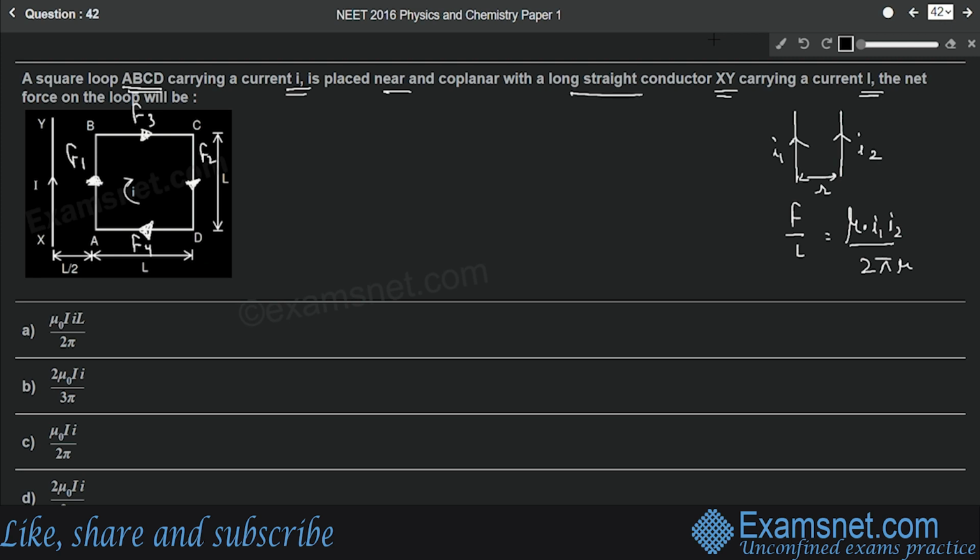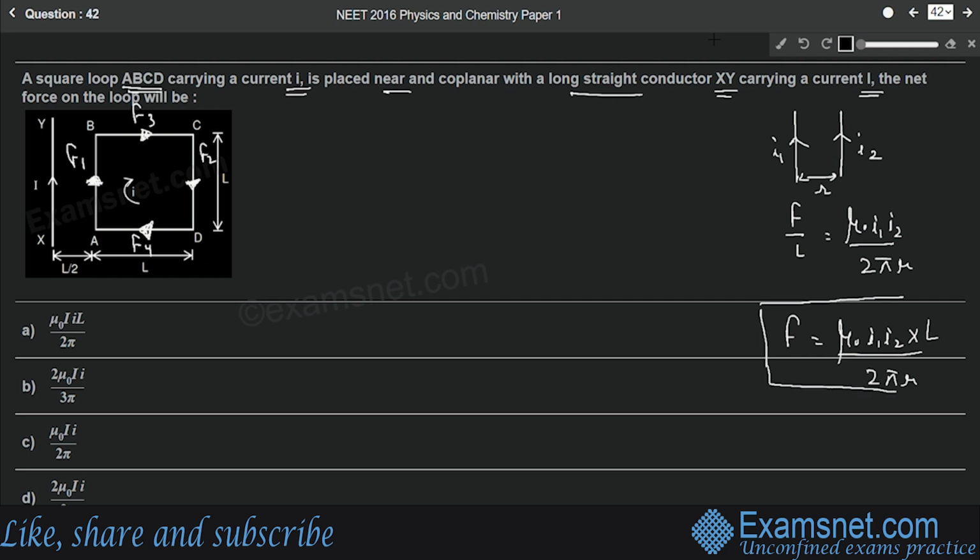So using this equation, we'll find out the forces on different parts of this loop. Force will be equal to mu naught I1 I2 into L upon 2 pi r.